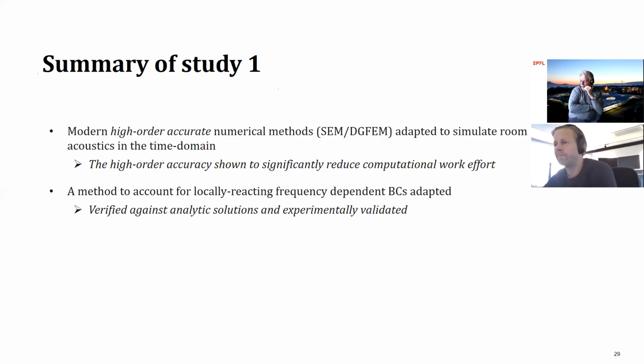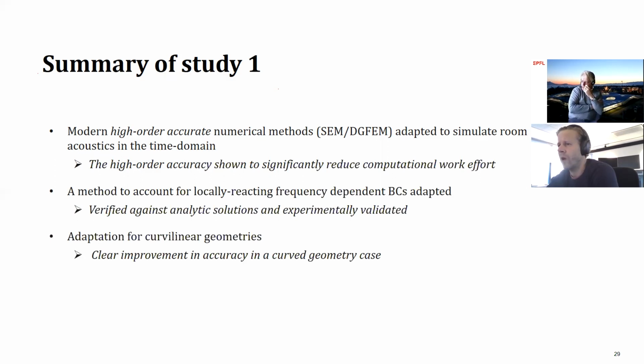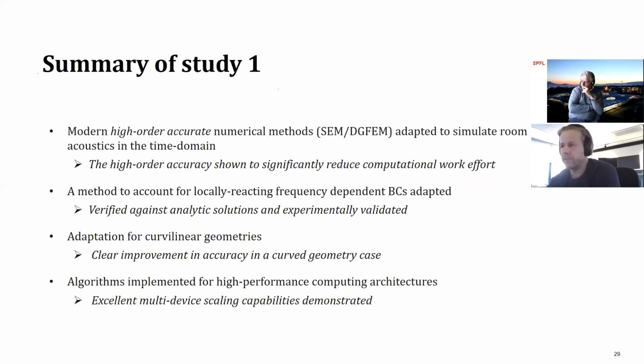We verified this against analytic solutions and against experimental data. We adapted curvilinear meshing, and we showed that this clearly improves the accuracy of the simulations when we have curved geometries. And finally, we implemented our algorithms for high-performance computing architectures, where we have demonstrated excellent multi-device scaling capabilities.